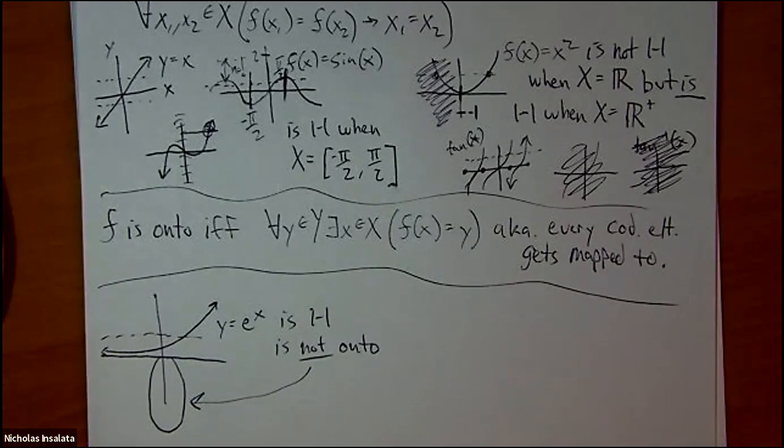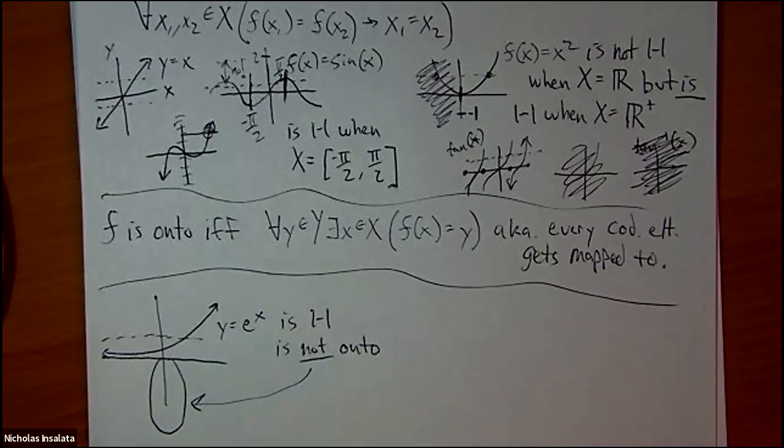Okay, so how would you prove this? How would you prove that y equals e to the x is not onto, for example? Good. There's no x for y equals -1, right?